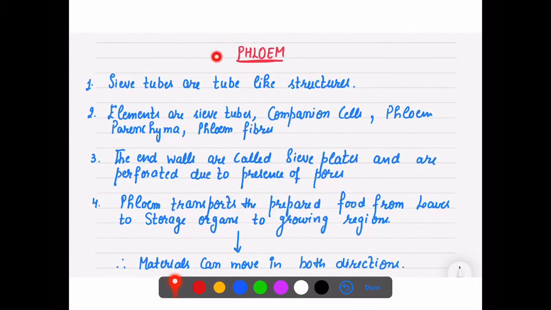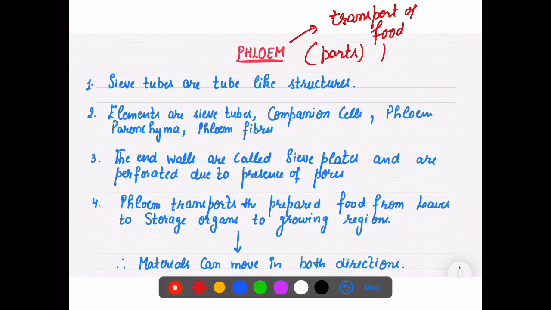Next is the phloem. As you know, phloem performs the function of transportation of food, and the element of phloem which helps in transportation of food is the sieve tubes.